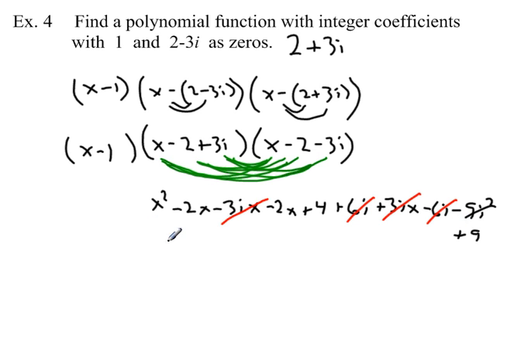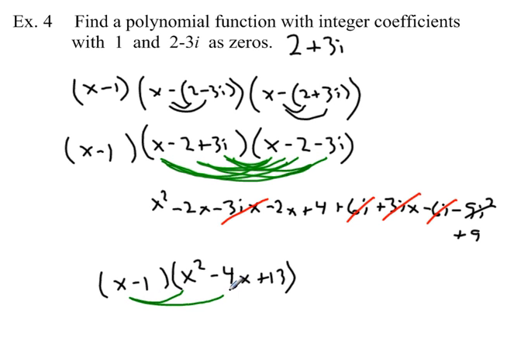Okay, let's combine our like terms then. We have x squared minus 4x plus 13. So that big mess simplified to this trinomial. We still need to multiply it by x minus 1, but I think you'll agree this is much simpler than what we had before with those imaginary terms. So now if we use our distributive property, we should be set.